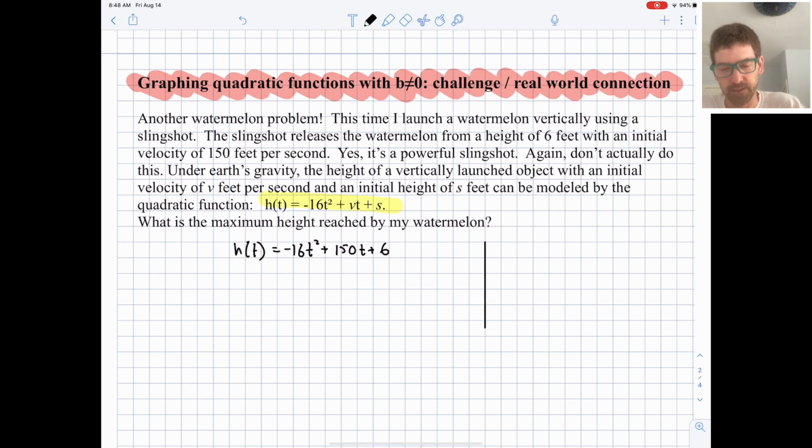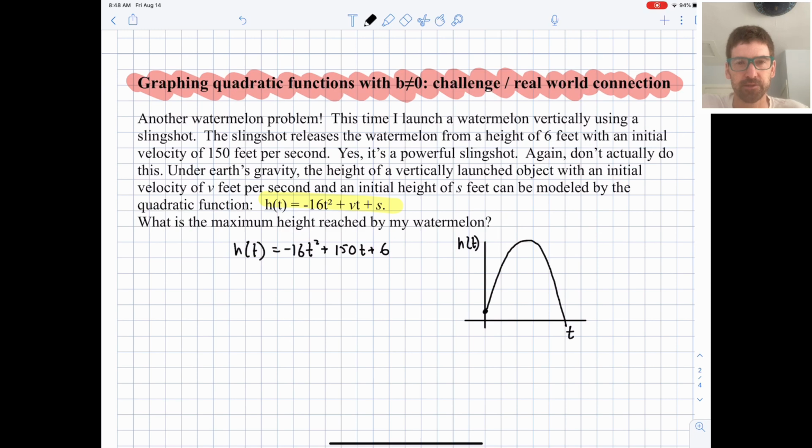To be clear, if we graph time versus height, we're going to start at time 0 with a height of about 6. This parabola is going to go up in the air and then head back down and eventually hit the ground, right? And also to be clear, this parabola I just graphed is not the physical track of the watermelon.